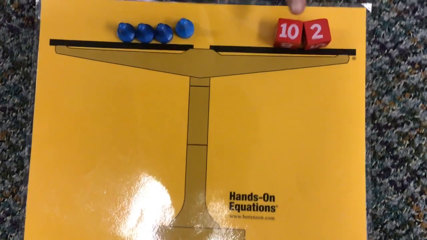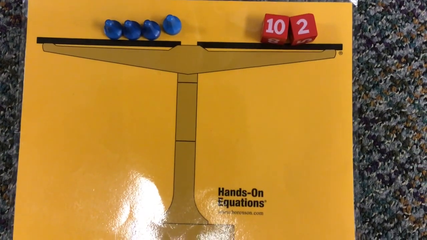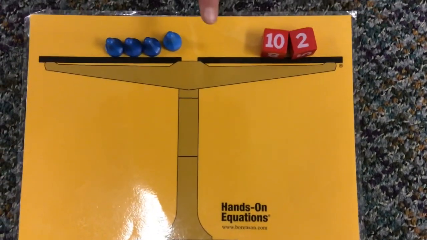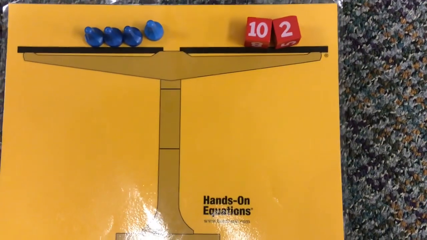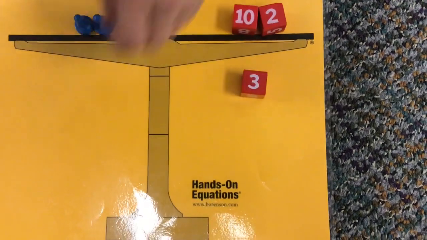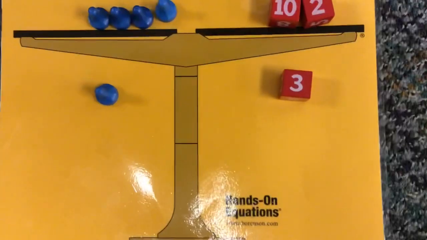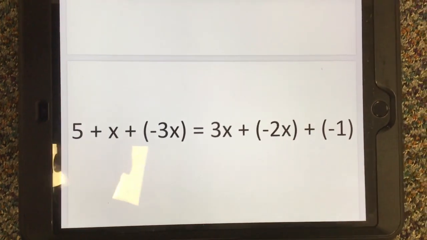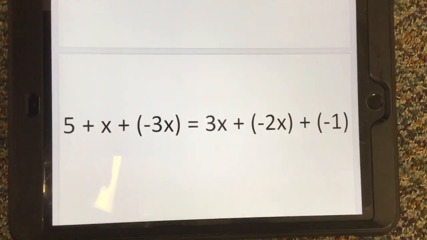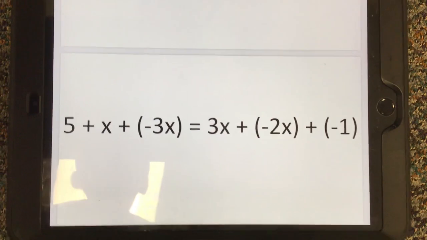Then it would be 12 equals 4x. We divide the 12 by the 4, and then that would equal 3 equals x.